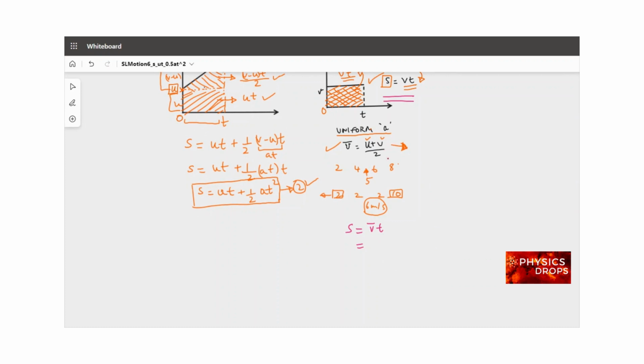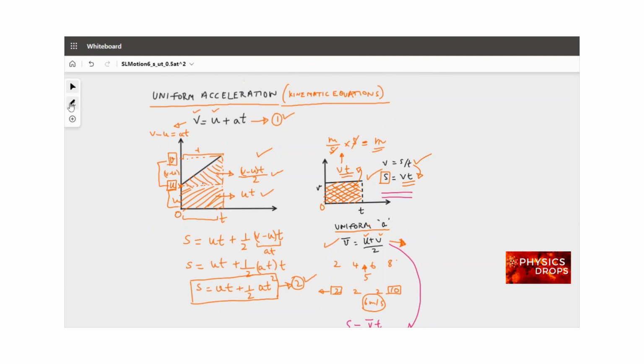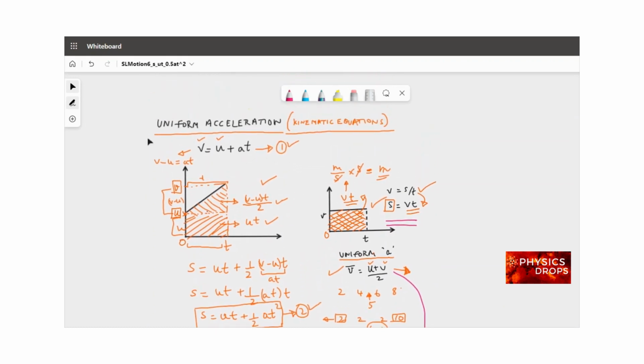So we can say s is u plus v by 2 times t. But we also know from the first equation that t is nothing but v minus u by a.